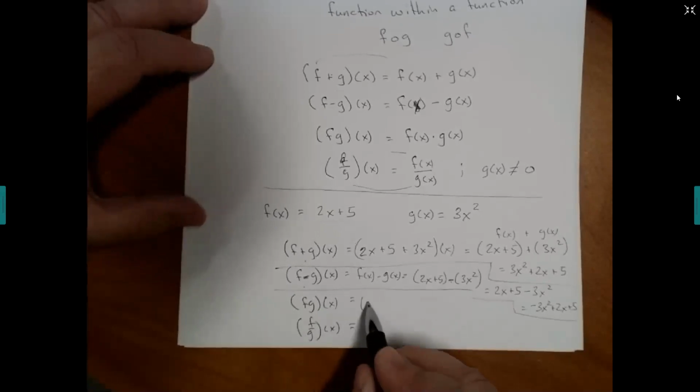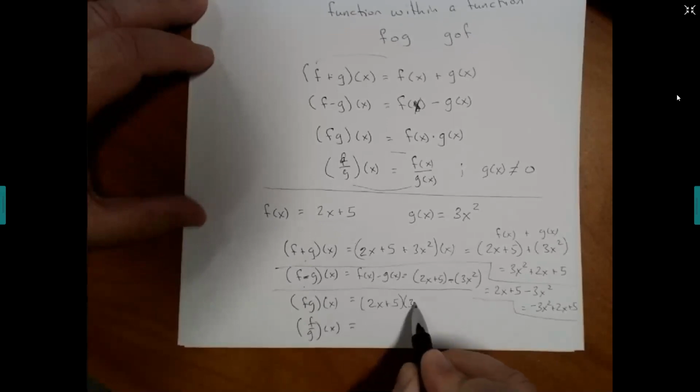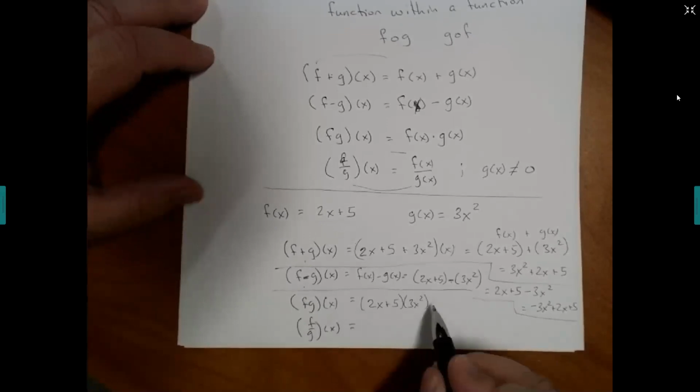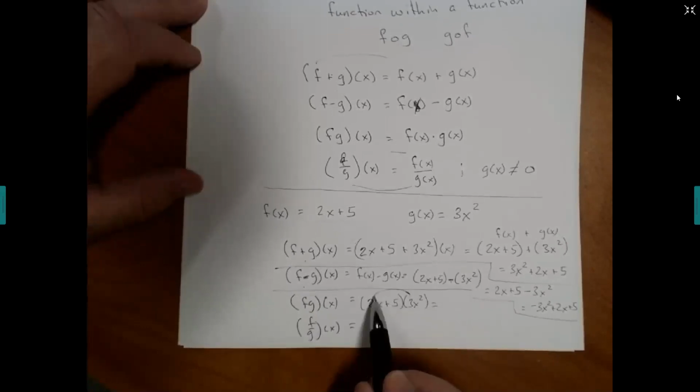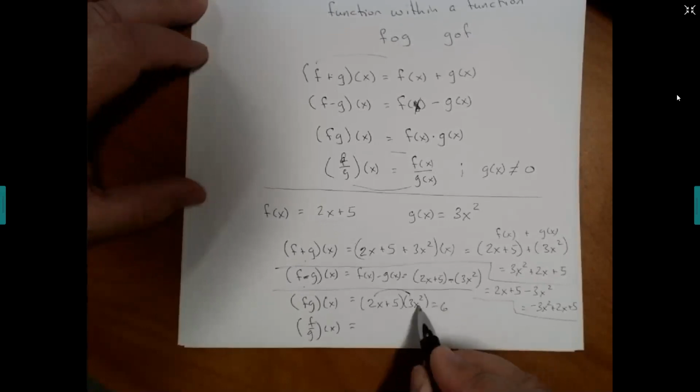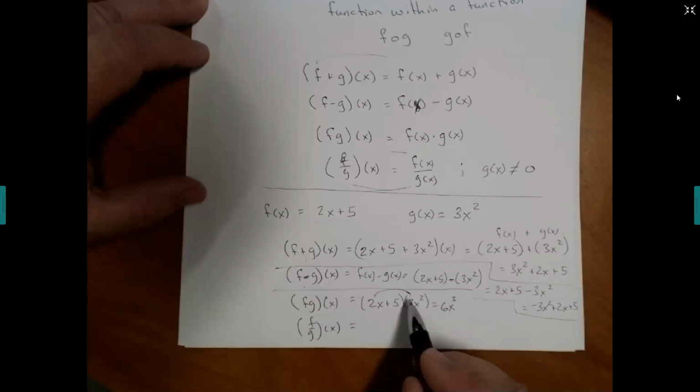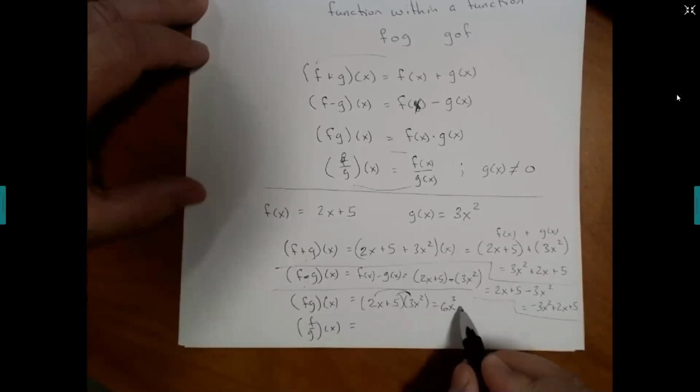In the third one, we have 2x plus 5 times 3x squared. This is just distributivity. 3 times 2 is 6. X squared times x is x cubed. Plus 3 times 5 is 15.